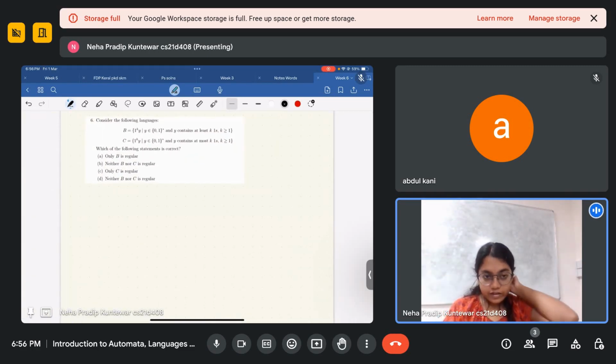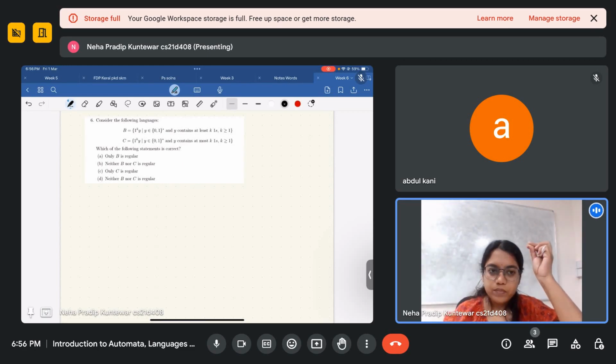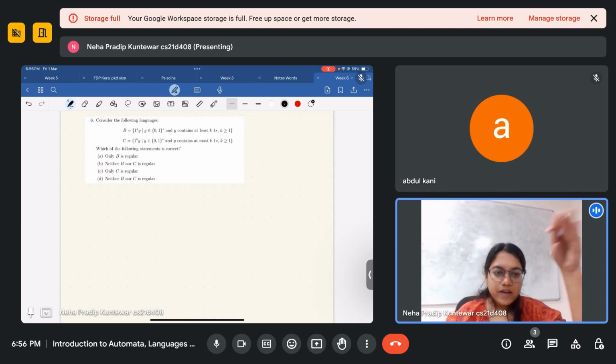Okay, this is slightly tricky. You have been given two languages, B and C, which are as follows. B is a set of strings of the following form. You have k many ones followed by a string y, where y has at least k many ones.